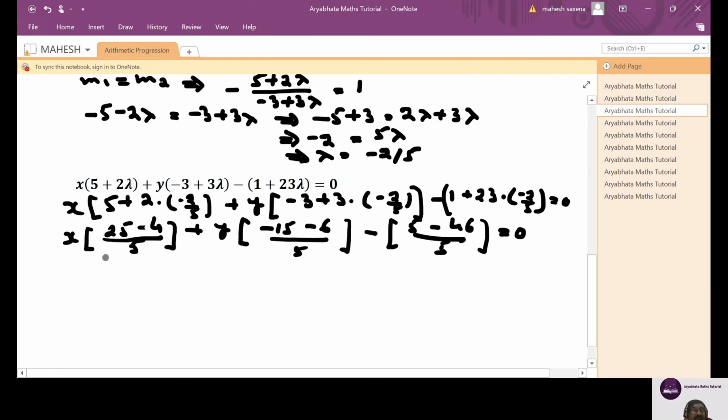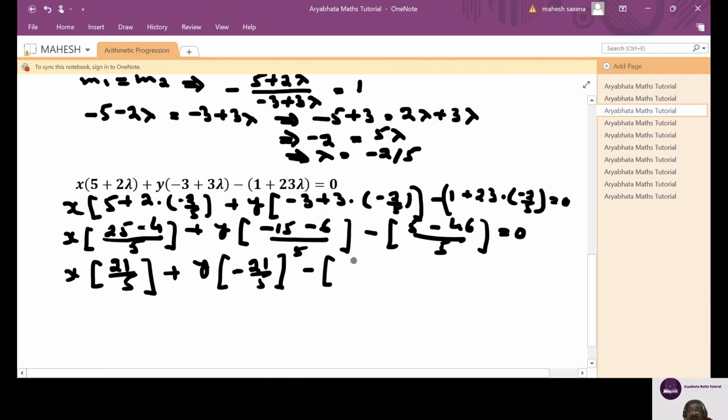It can be written as x(21/5) + y(−21/5) − 5 − 41/5... that is, −5 − 41/5 = 0 in total, giving 21x − 21y + 41 = 0.